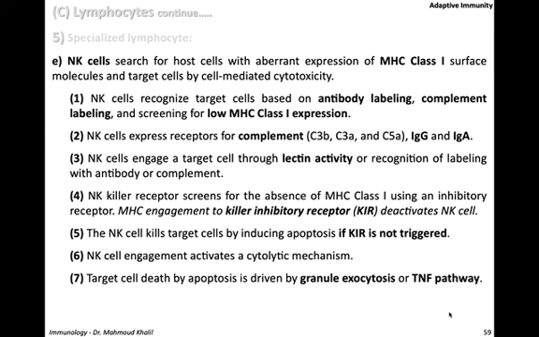Again, the killer inhibitory receptor is located on the surface of the NK cells. Once it is not triggered, the NK cells can be active and kill any altered cell.